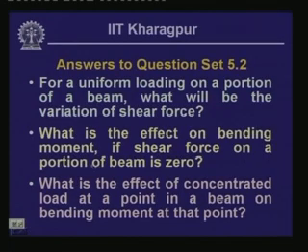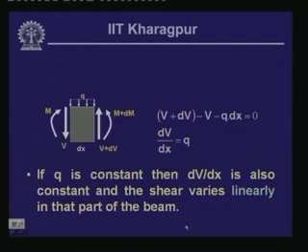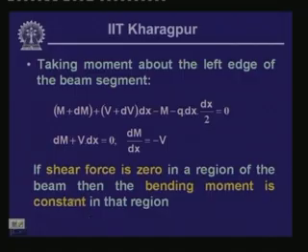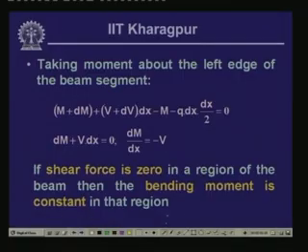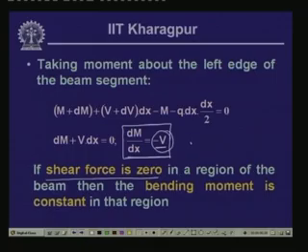Now, the second question was, what is the effect on bending moment if shear force on a portion of beam is 0. This aspect we have also discussed. When we take the equilibrium of the bending moment on the left edge of that particular segment, the resulting equation is dM/dx equals minus V, so the rate of change of the moment along the length of the beam is equal to the negative of the shear force V. If shear force is 0, then M is a constant.